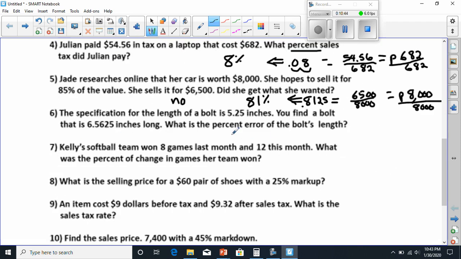If we follow this through, we're going to have to take the big number, 6.5625. We have to minus the small number, and the small number is 5.25.